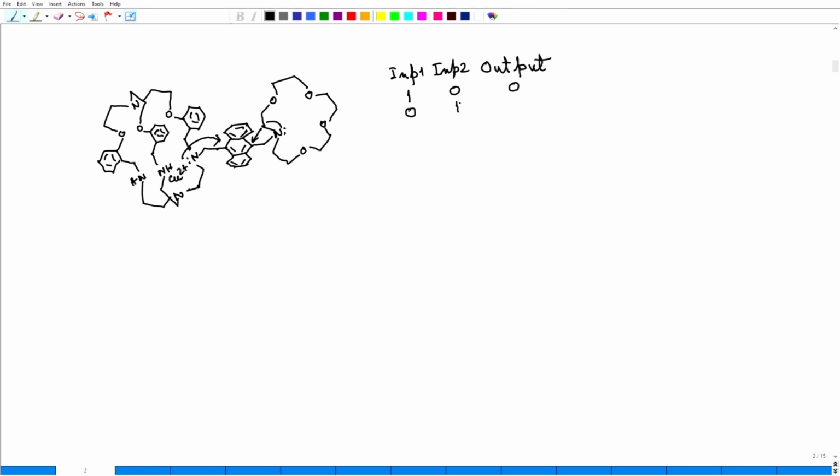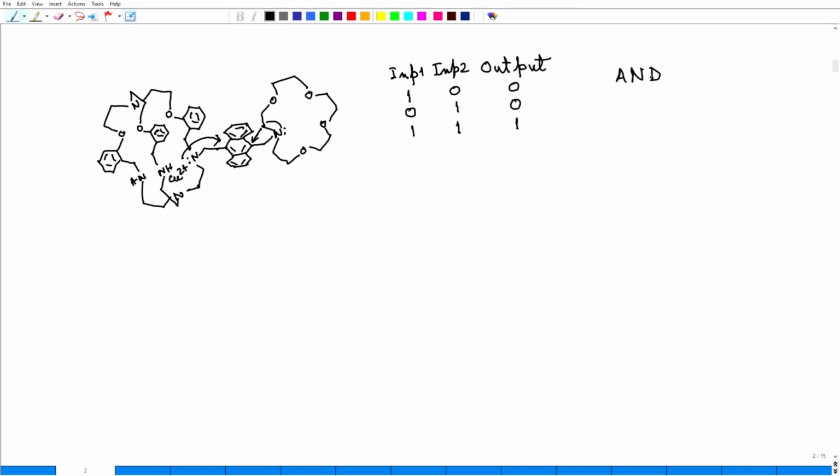If I put sodium, then this path will be blocked, but still this path is on. So, therefore, also output is 0. But if I put both copper and sodium, so that is AND logic, copper and sodium, then output is 1. Okay. So, this is the truth table for AND logic.